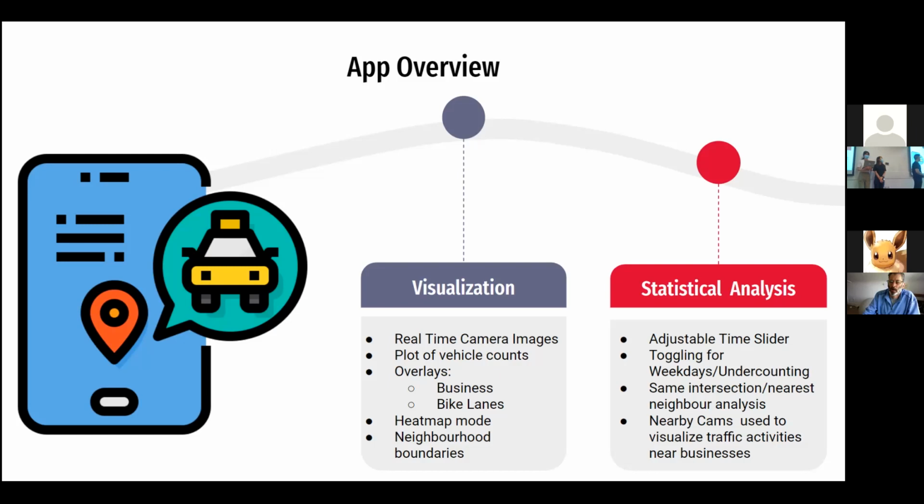We also have statistical analysis, which helps the analysts focus on specific time periods so they can see what's going on in traffic. We also have same intersection input analysis, as well as nearby cams used to visualize the data near businesses. And now we're going to transition over to the app.